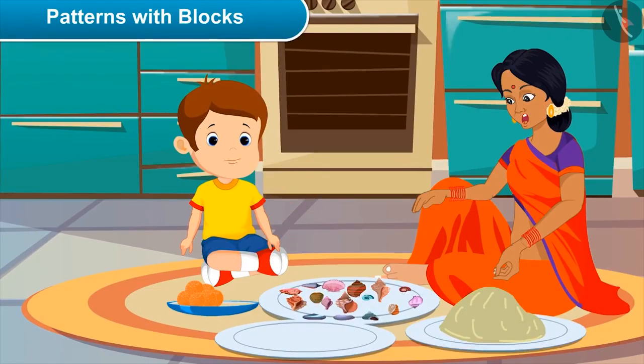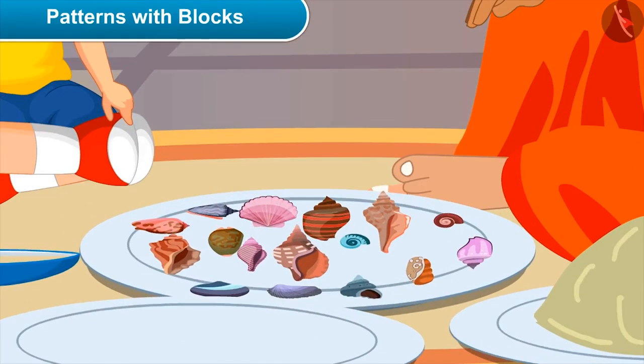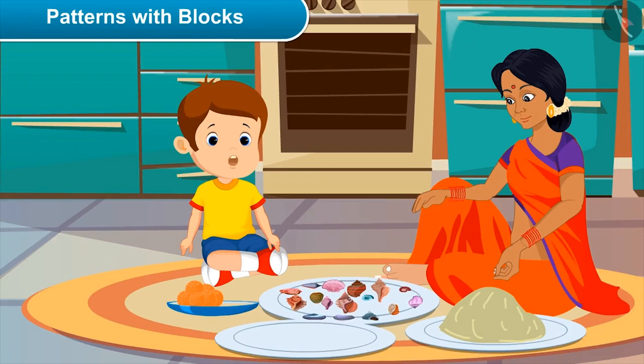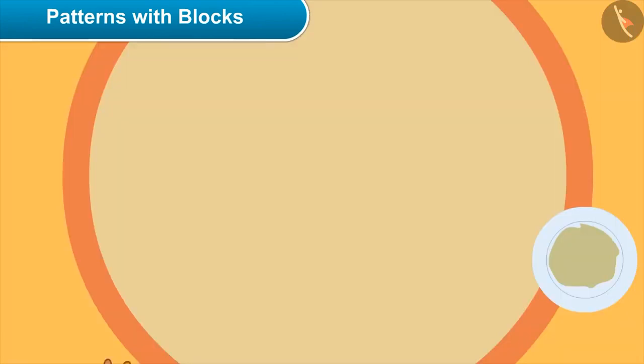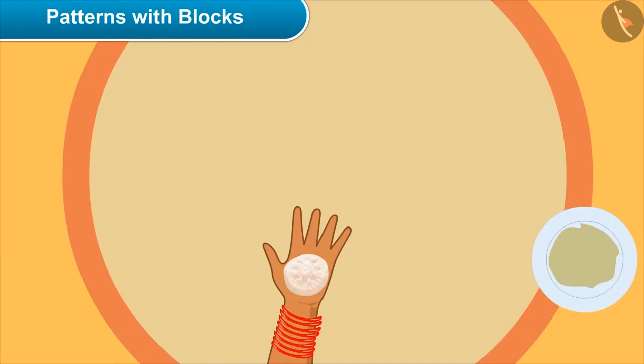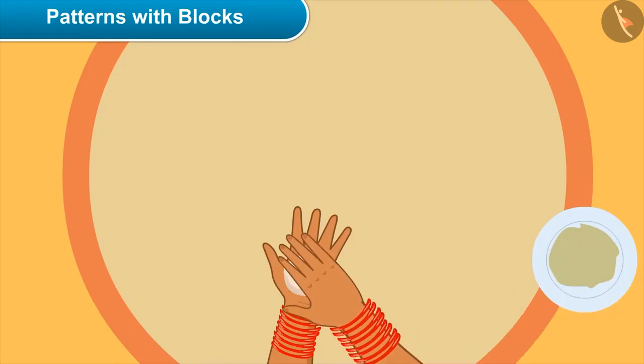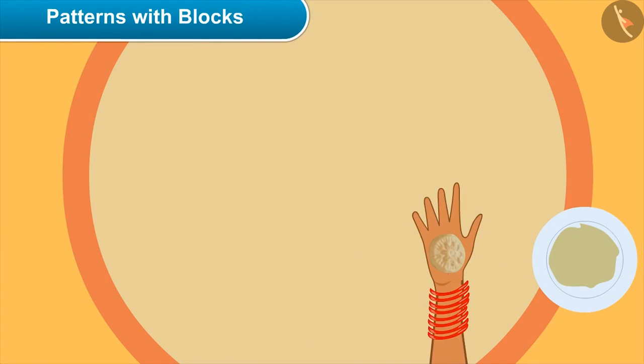Mom, what is this? Son, these are some blocks to make design on the sandesh. Oh, how are these made? See, this is how we put the dough of sandesh in this block and press this lightly, and then carefully turn it upside down, and see, here it is.